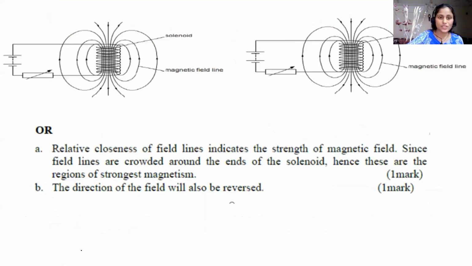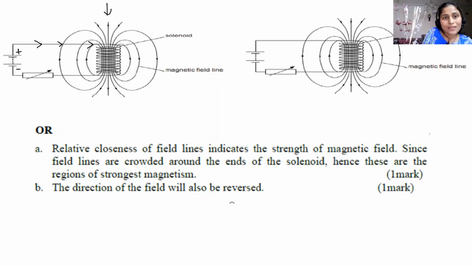Now, this is a question which we'll understand through a figure. As you can see in this figure, students, initially the current is flowing, this is positive and this is negative. The current will be flowing in this direction like this. And when you see it from the top, will this be clockwise or anti-clockwise? This is rotating like this, and you're watching from the top. Obviously, this is in the clockwise direction.